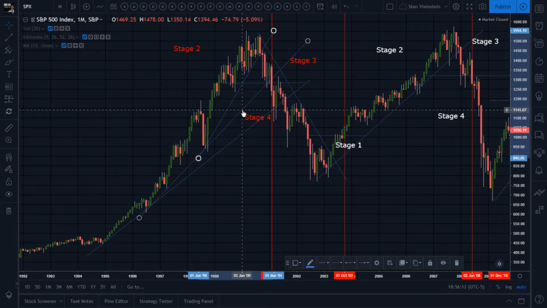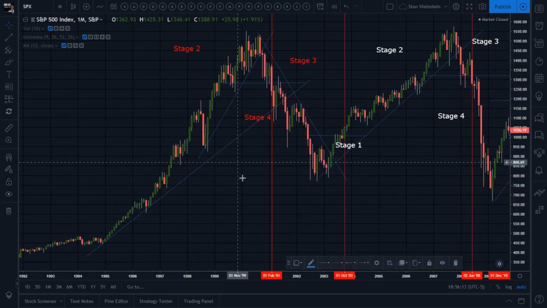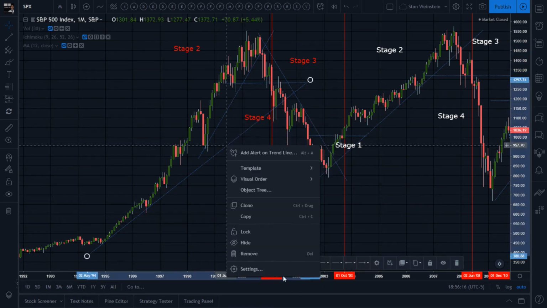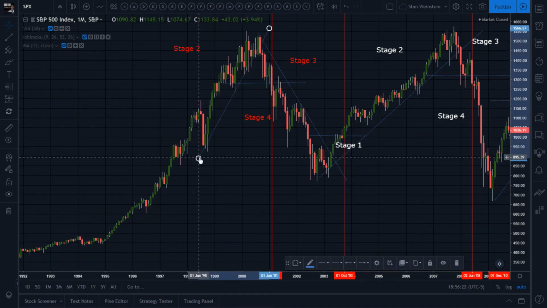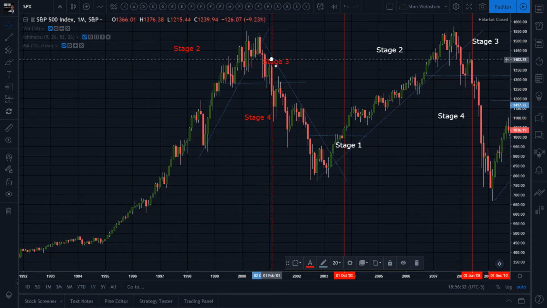Oh, maybe not like that. Try this one. Remove that. 1, like that. 1, 2, 3, and break right here. So in here, I could have said we're in stage 3.